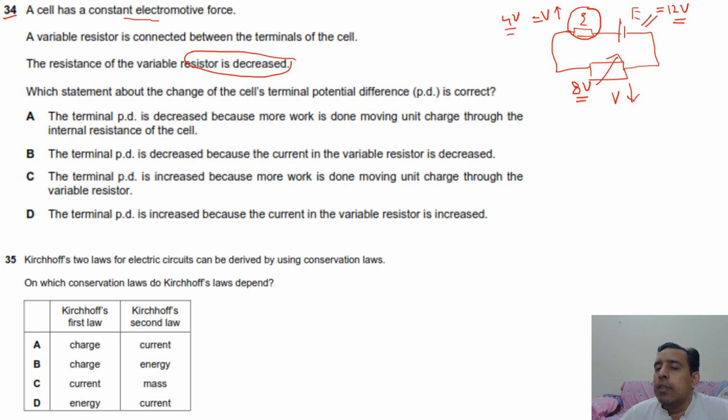If we reduce this resistance, this voltage reduces to maybe 6 volt. So 6 plus 4 is 10. It means this voltage must be increased to 6, so their sum should be 12. Means the voltage against the internal resistance increases. Voltage increases means more work done on a charge. So the terminal potential difference is decreased, yes, because more work is done moving a unit charge through the internal resistor. Option A is correct.